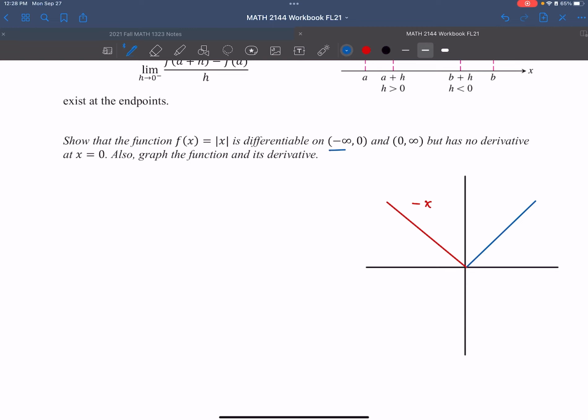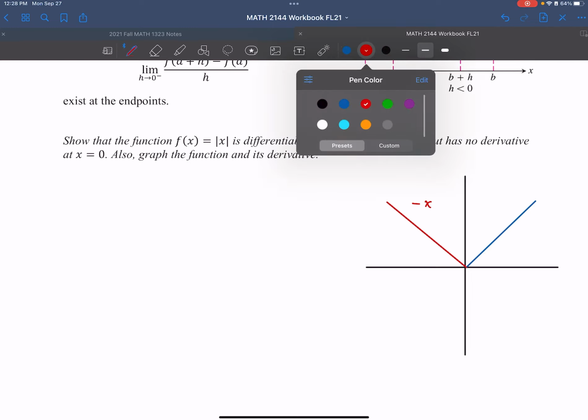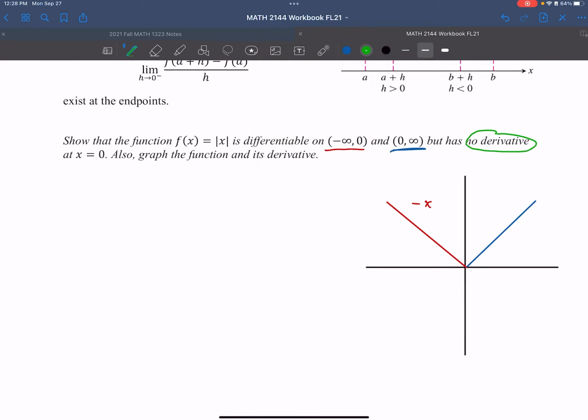It's differentiable on the left-hand side from negative infinity to 0, and also on the right-hand side from 0 to infinity, but it claims that it has no derivative at x equal to 0. Why is that? Let's think about tangent lines on the left-hand side. It's a linear function, so every tangent line is going to be the same thing. Every tangent line is going to be going down.